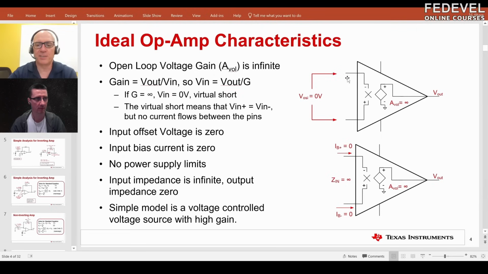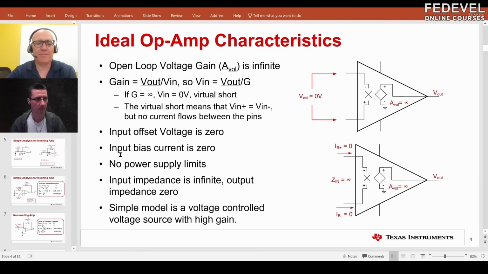It basically connects these 2 inputs together because the voltage is 0 between the 2. But they call it a virtual short because there's actually no current flowing through it, like a normal short circuit would allow a lot of current to flow. The virtual short happens by virtue of the high gain of the amplifier. So that's the most important ideal characteristic.